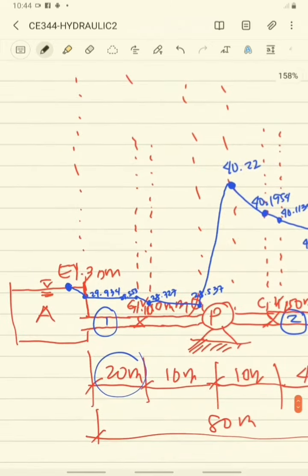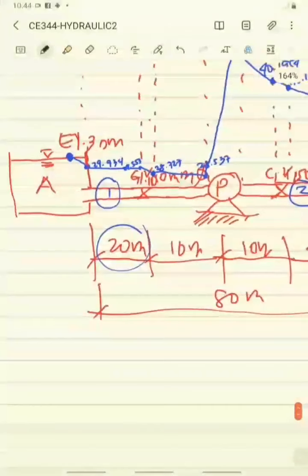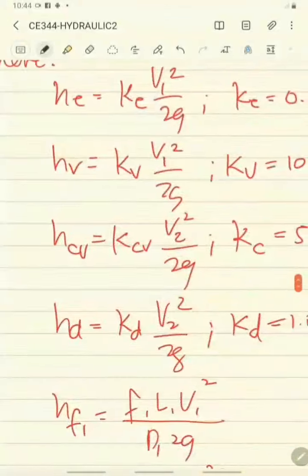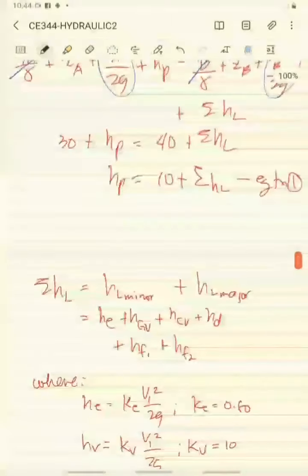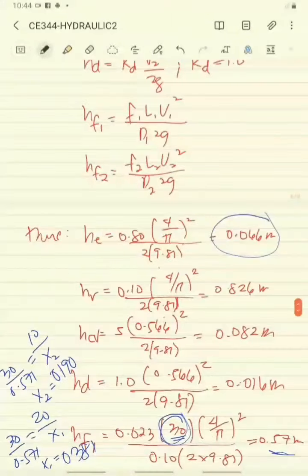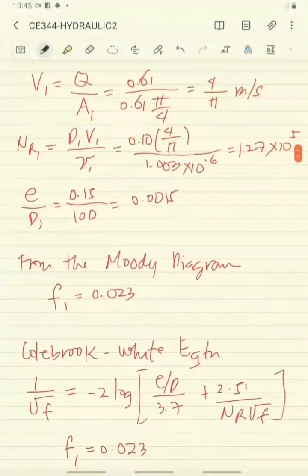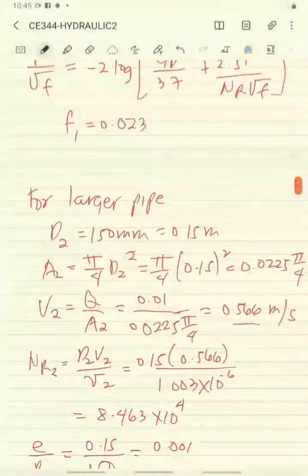So here we have v1 squared over 2g, and we also have v2 squared over 2g. For v1, what is the velocity? Velocity v1 is 4 over pi, 0.566.